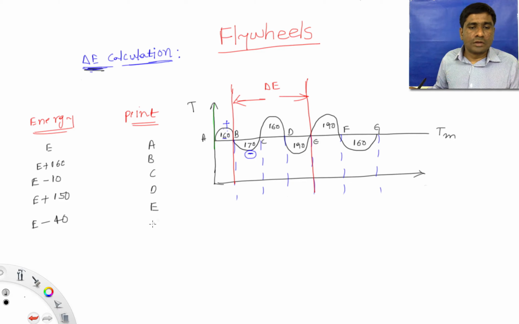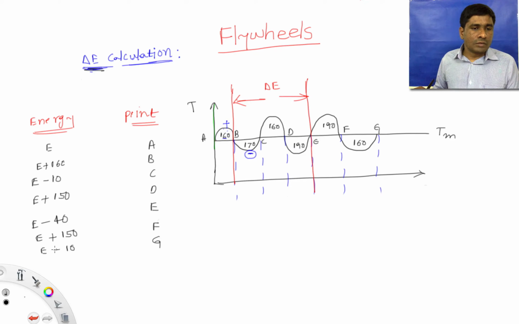At point F again E minus 40 plus 190, that is E plus 150, and at point G again E minus 10. So what is the minimum energy?